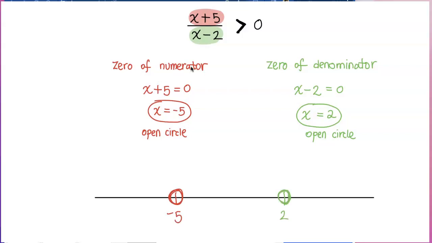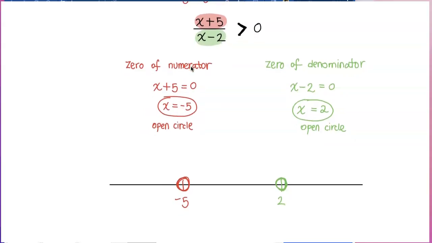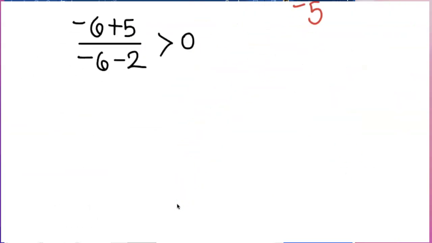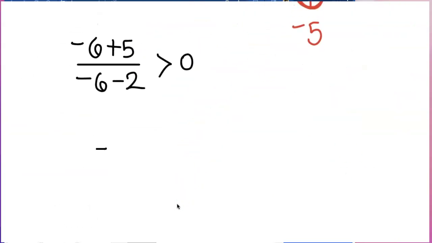And what we're now going to have to do is plug in some numbers to that inequality to see if it comes out to be true or false, okay? Now, what's a number smaller than negative 5? I'm going to go with negative 6. If I plug in negative 6 into that inequality, we get (negative 6 plus 5) over (negative 6 minus 2). I want to know if that's greater than 0. The numerator is negative 1.